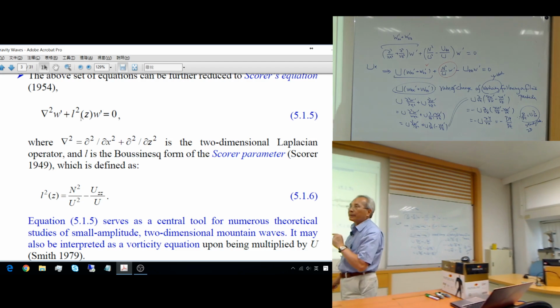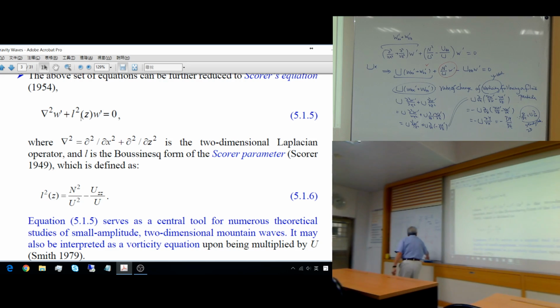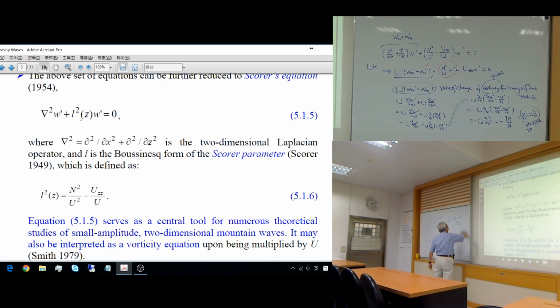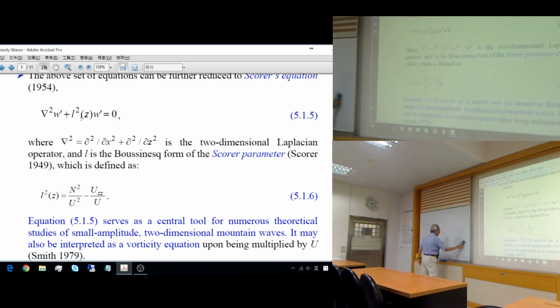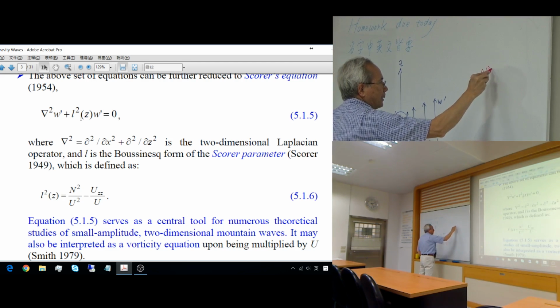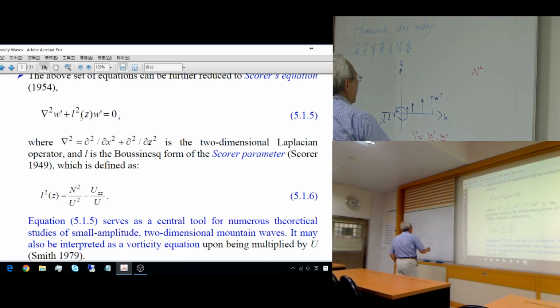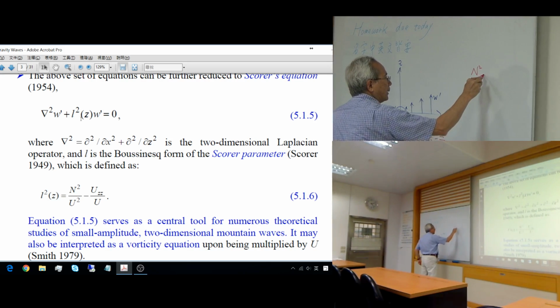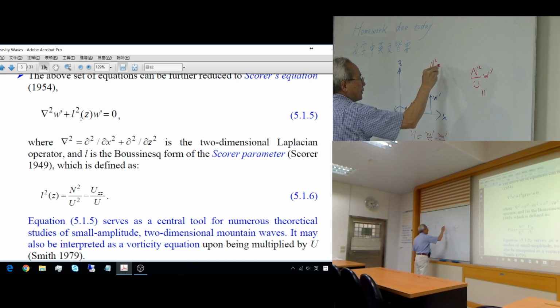Buoyancy force. Because n squared, and then what do we have? Divided by u, right? And then theta prime. This is equal to, but n squared is equal to what?